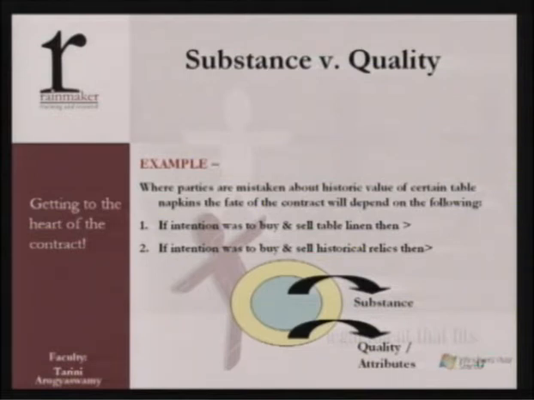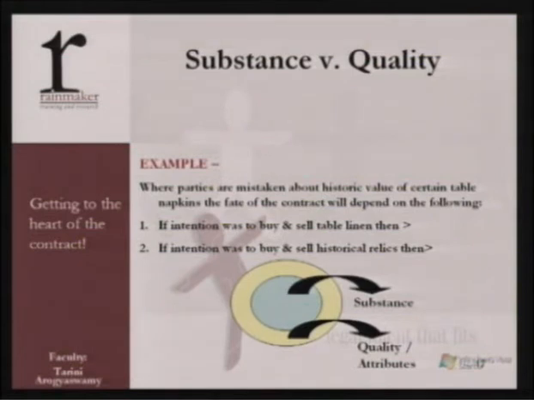If the intention was to buy and sell table linen, then the contract will still be valid. However, if the intention was to buy and sell historic relics, and possibly those are not historic relics, then the contract will be invalid because there was a mistake made.